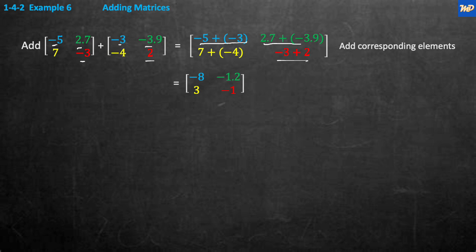Now in the final matrix, the answer is -5 plus -3 is -8. 2.7 plus -3.9 is -2.1 right there. How about 7 minus 3 is... What did I do wrong here?